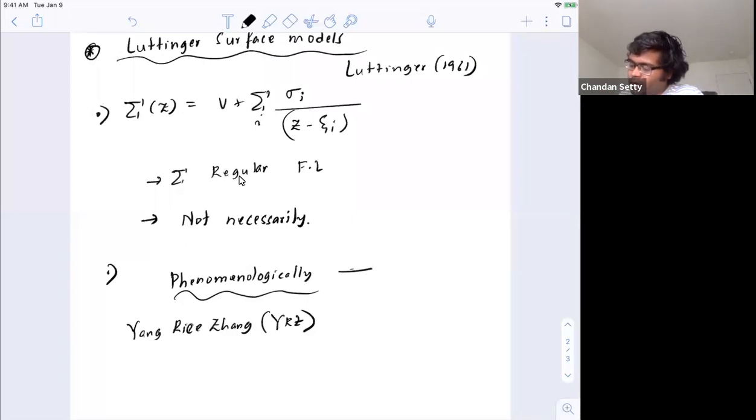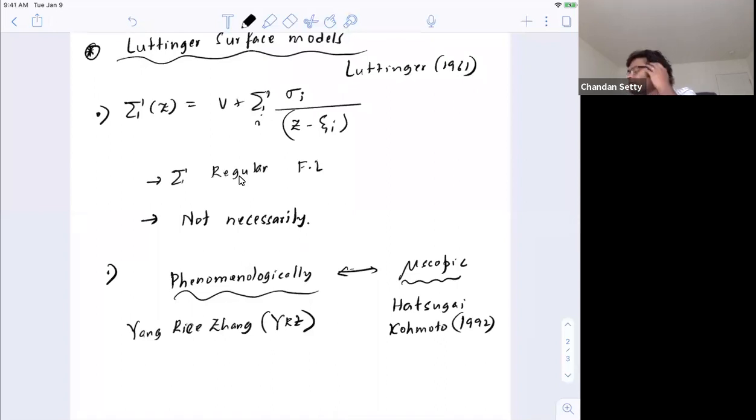But you can keep in mind that in principle, it's also possible to write a microscopic model which can host a Luttinger surface. And the simplest such model was proposed by, not a very popular paper yet, but it was proposed a long time ago by Hatsugai and Kohmoto back in 1992.